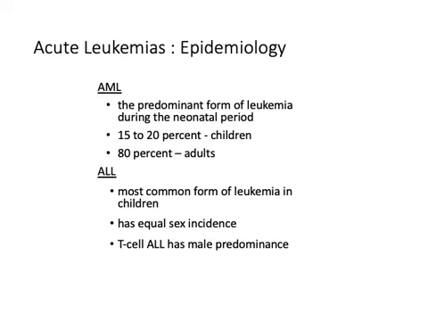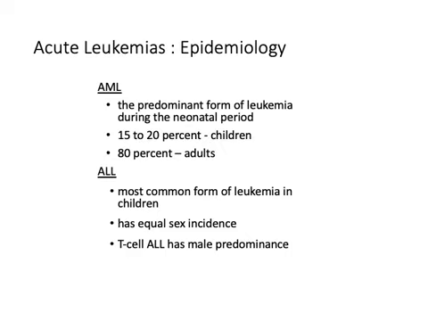Epidemiologically, AML is the predominant form of leukemia during the neonatal period and 80% of adult leukemias, and only about 20% in children. While ALL is the most common form of leukemia in children and it has equal sex incidence.